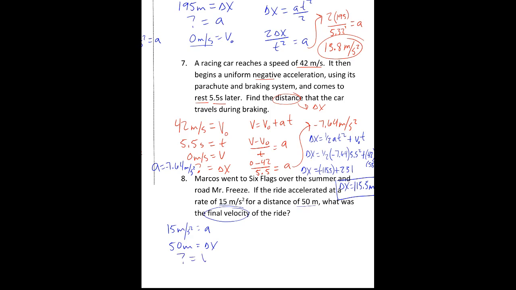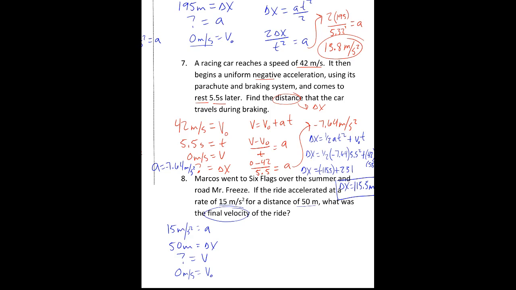So final velocity is unknown, so we're going to solve for that. And there's another variable that we can pull from this. We're going to assume that the ride started from rest. So we're going to say 0 meters per second is our initial velocity.